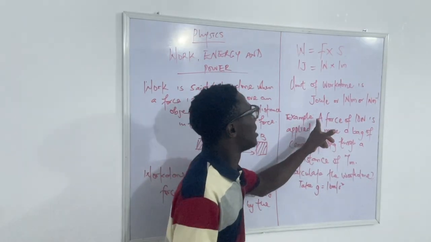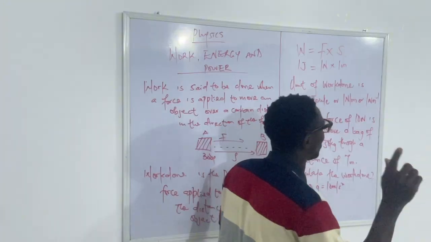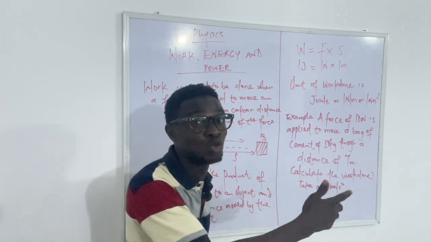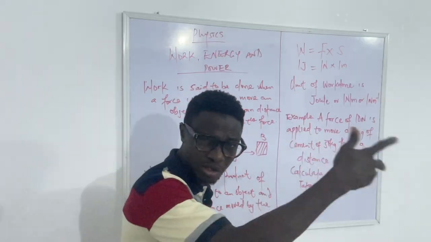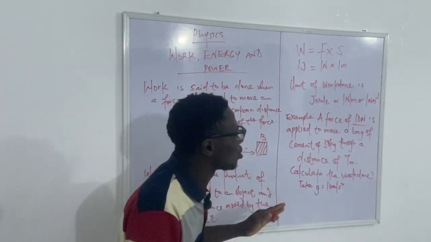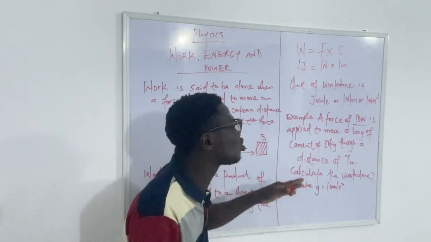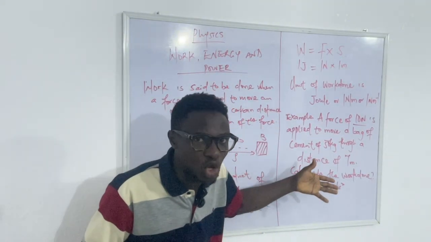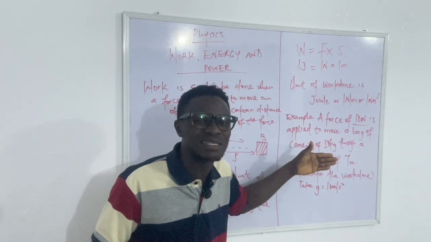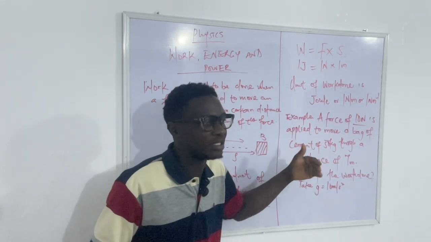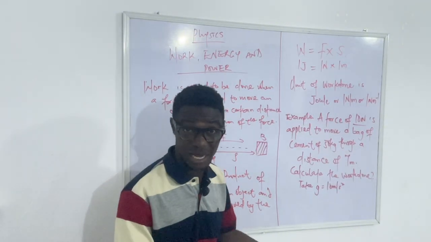We are asked to calculate work done. We've not moved to work done in a force field yet; we're still going to that. So check out the parameters that you need to solve this question. The questions will provide parameters that you don't need. That's why you need to be definite about what you want to get.